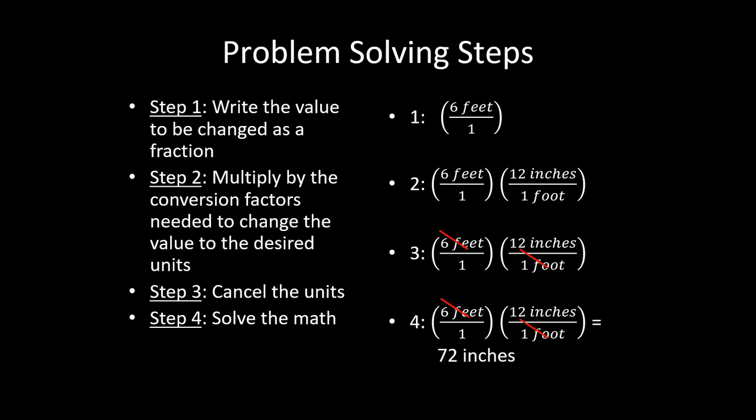So then the second step is we are going to multiply by the conversion factors needed to change the value to our desired unit. So we would need to figure out what is the relationship between our starting unit, feet, and our desired unit, which is inches in this case.